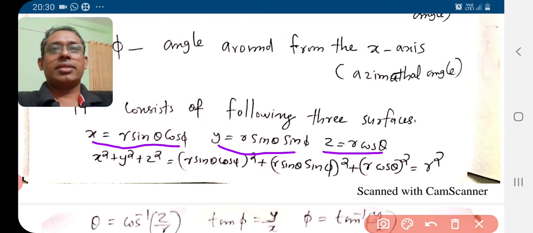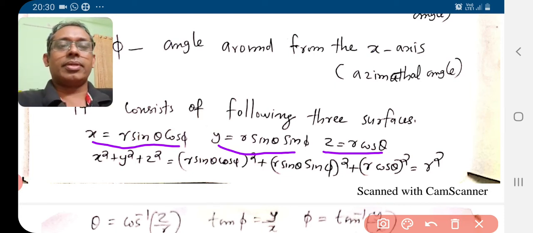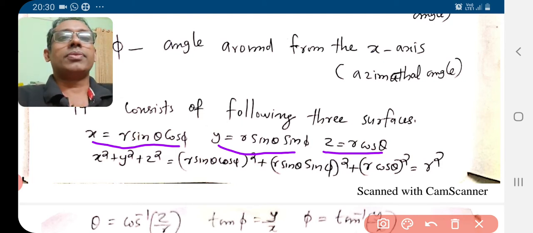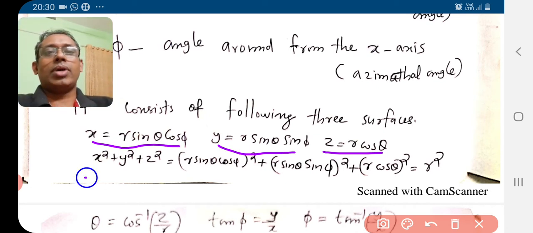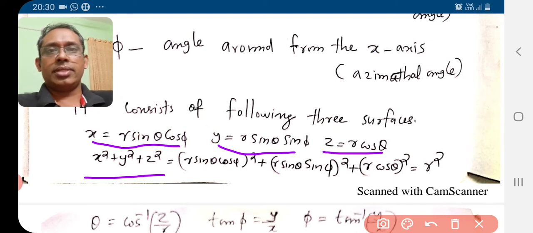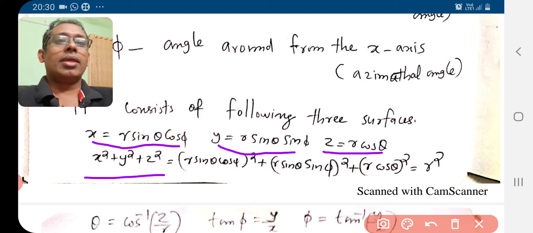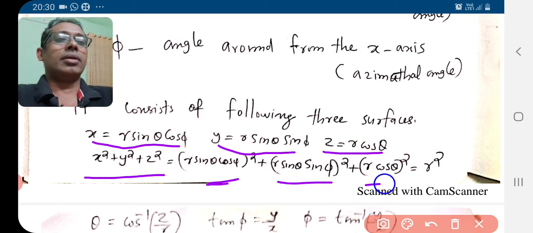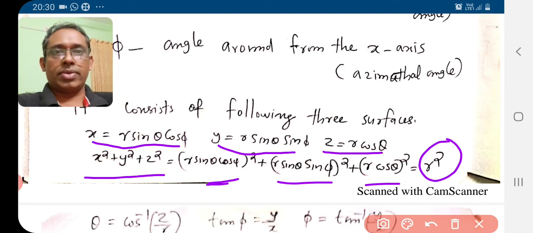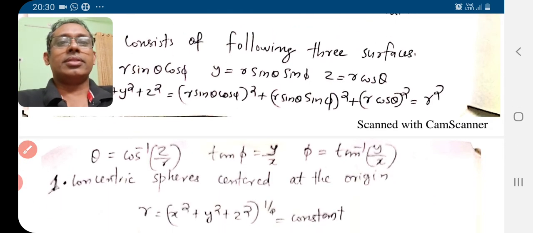So these are the transformation equations from the Cartesian to the spherical polar. If I take x square plus y square plus z square, as we take the square, we will get r square.